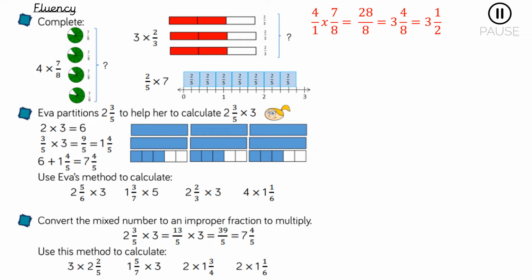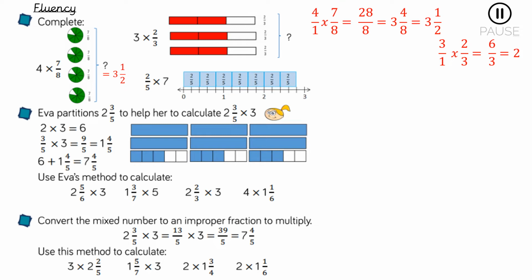Going across then, 3 times 2 thirds, so that can be written as 3 over 1 times by 2 thirds. So 3 times 2 is 6, 1 times 3 is 3. 6 over 3 is the same as 2 whole ones. And if you look there, you can actually count them, so you can see how many thirds you've got. And you can clearly see there in red that there are 6 thirds.